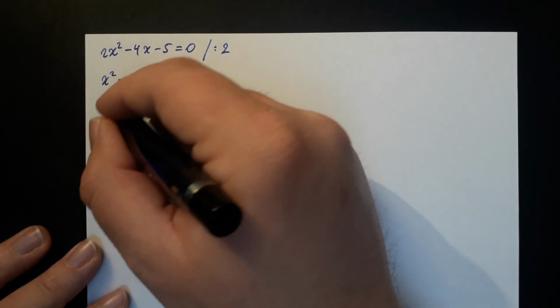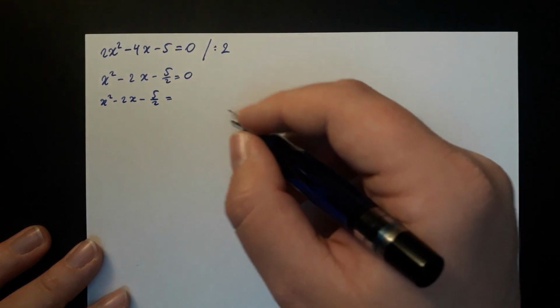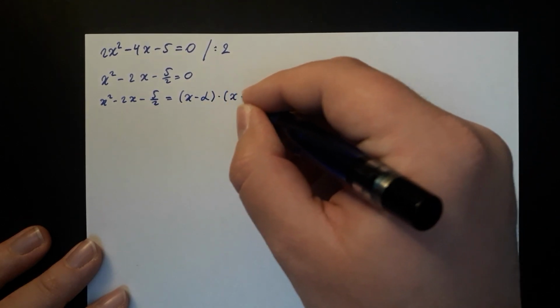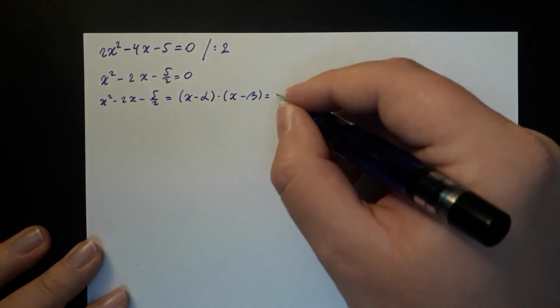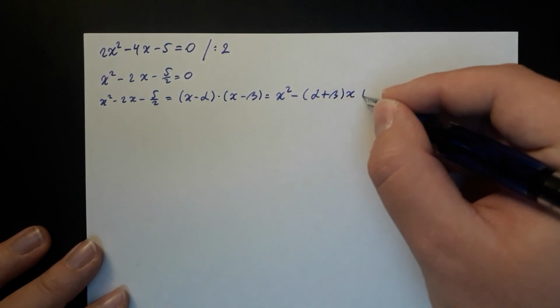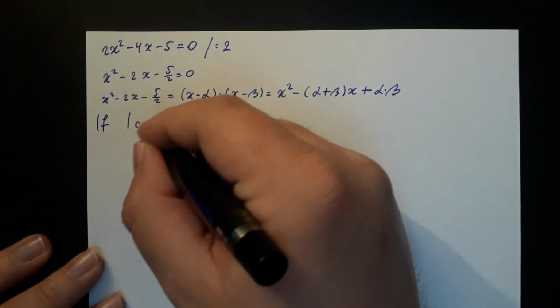So x squared minus 2x minus 5/2 we are going to write in the form of (x minus alpha) multiplied by (x minus beta), which is x squared minus (alpha plus beta)x plus alpha multiplied by beta.